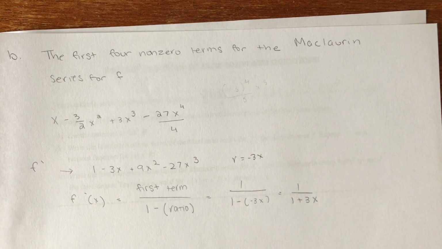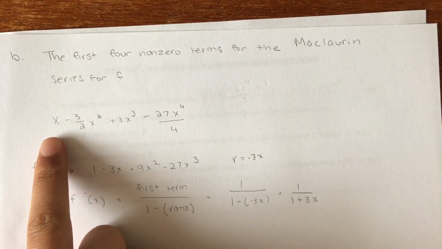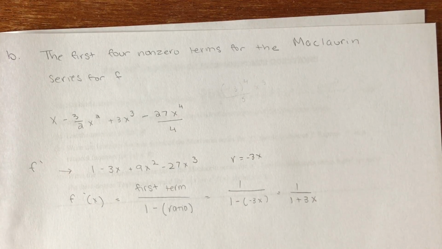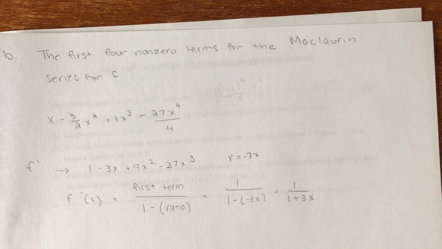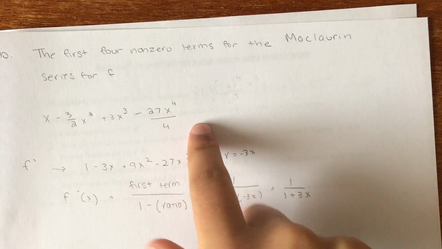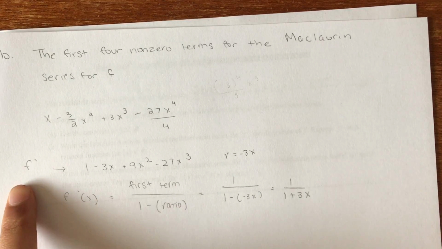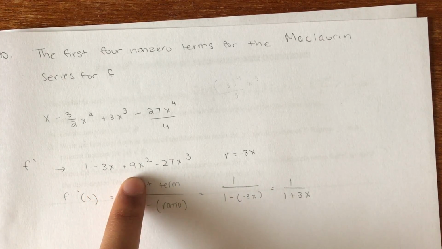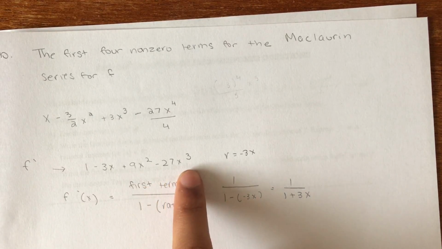So to do this, you first need to determine the first 4 non-zero terms for the Maclaurin series for f, which are x minus 3 over 2x squared plus 3 times x cubed minus 27x to the 4th over 4. And then you can find the derivative of these terms individually, and so then f prime will be equal to 1 minus 3x plus 9x squared minus 27x cubed.